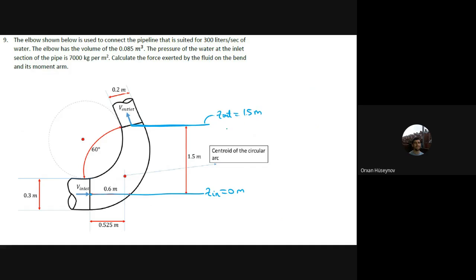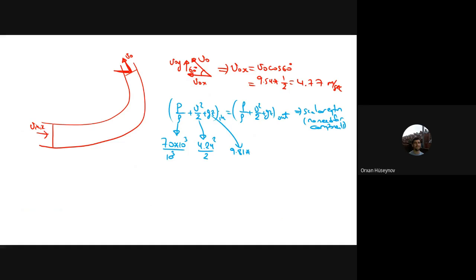At the end, it doesn't matter. It is very similar to potential energy. It doesn't matter if it is 0 or not. Even if you say, for example, Z in is 1 meter, then the Z out will be 2.5 meters. So the difference in height is important, not the absolute values of the height. You can see the formula here, Z out minus Z in. That is the important stuff, not the Z out absolute value or Z in absolute value.